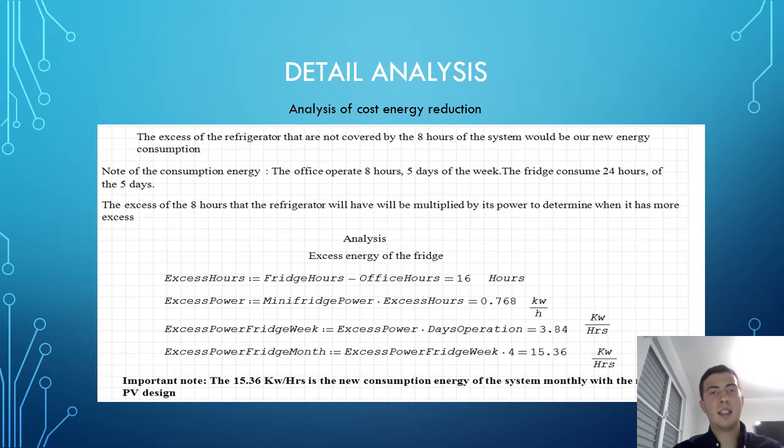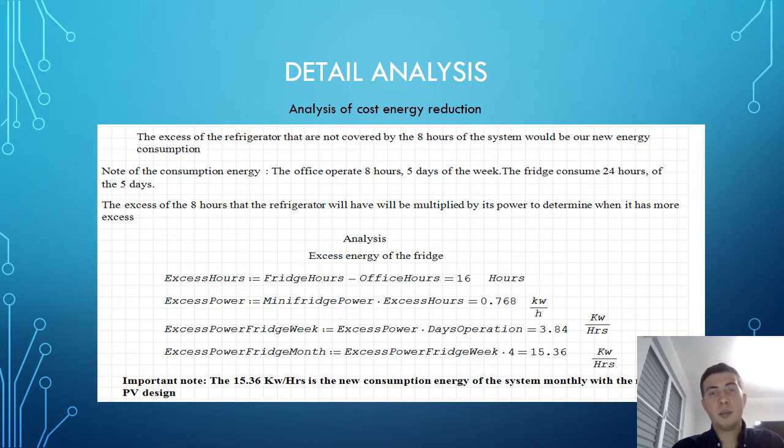And here we have the office consumption charge, where the excess energy for the fridge is the new consumption energy. The excess of the fridge not covered by the 8 hours of the system will be the new consumption.